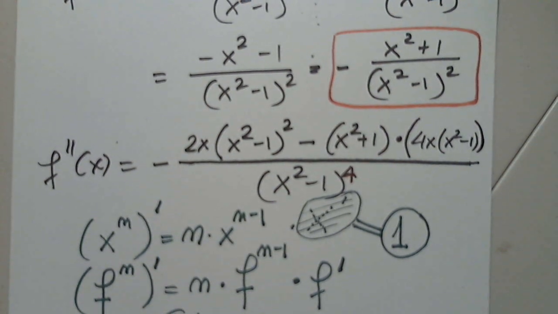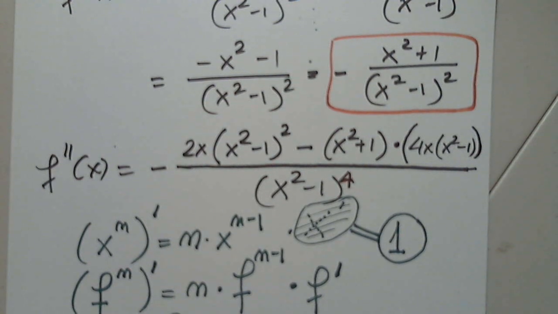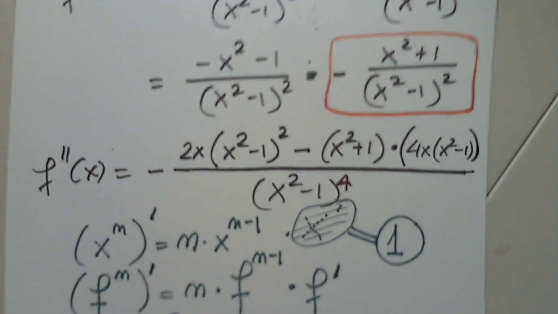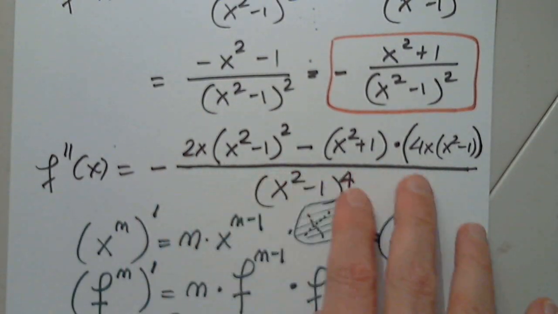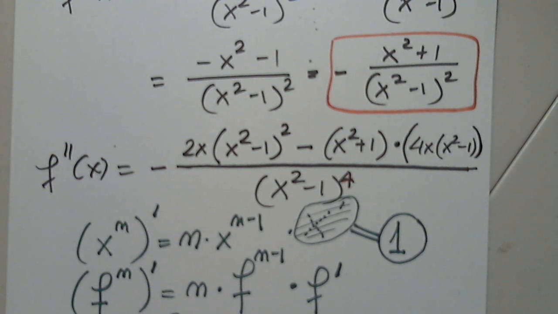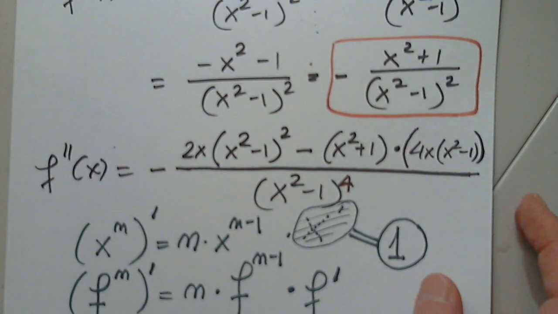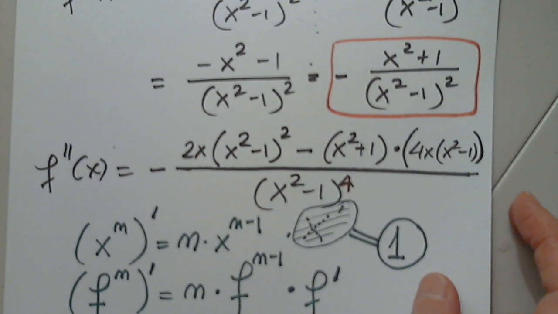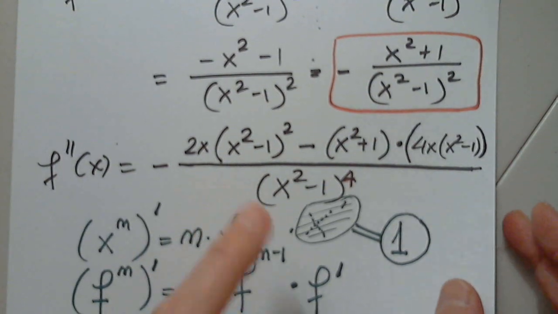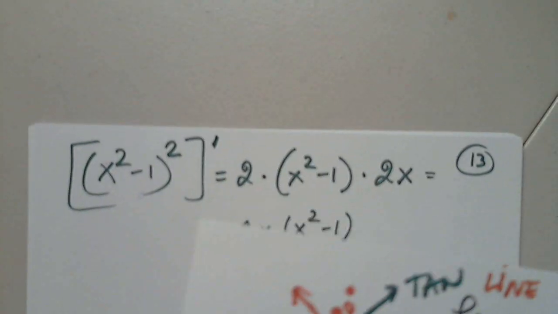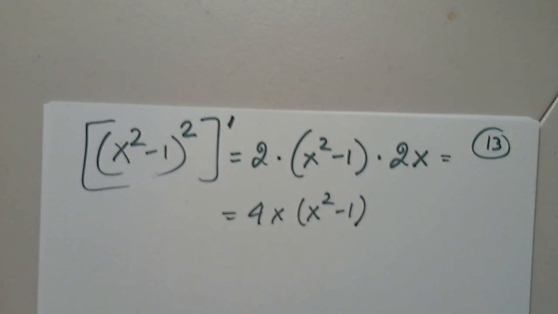So now, what happens next? We have to fully simplify this. We can't leave it as is. The simplification is not difficult, but it's not trivial either. So I have to come back to this. I'm going to write it one more time so I can explain what happens.